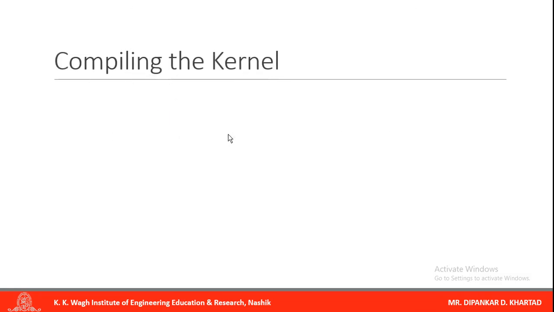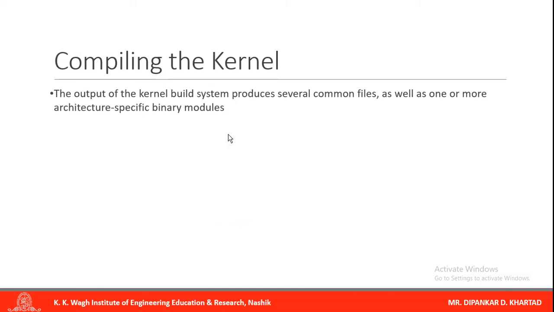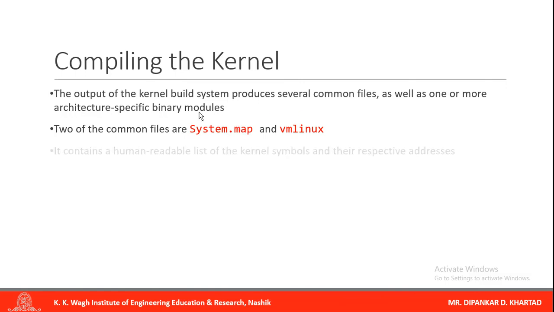Next is compiling the kernel. The output of the kernel build system produces several common files as well as one or more architecture specific binary modules. Two of the common files are System.map and vmlinux.